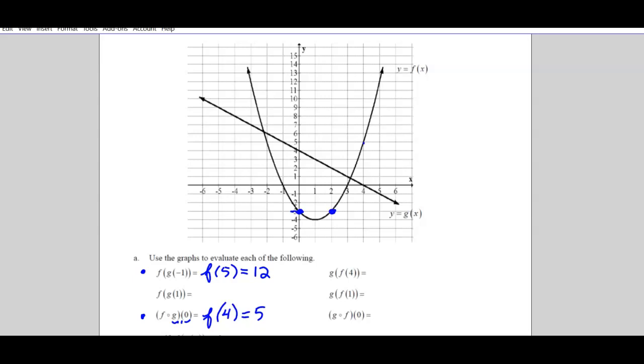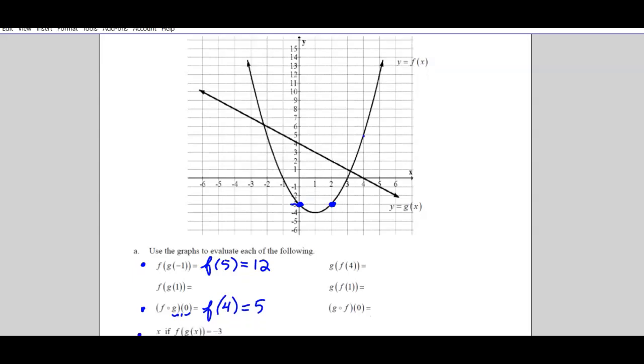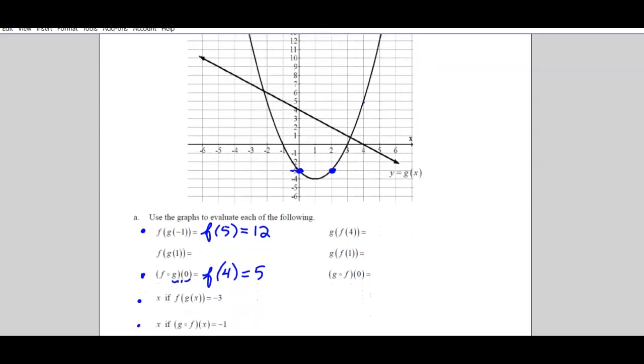There are two places where f is equal to -3. So f of 0 equals -3, and f of 2 equals -3, right? Well, now g is at 0.